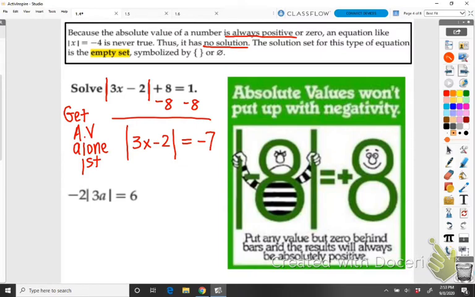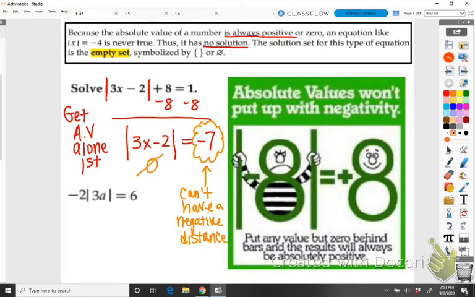Well, this should ring a bell because the answer over here is a negative number, and you can't have a negative distance. So this one has no solution. Circle with a slash, or you can write no solution.